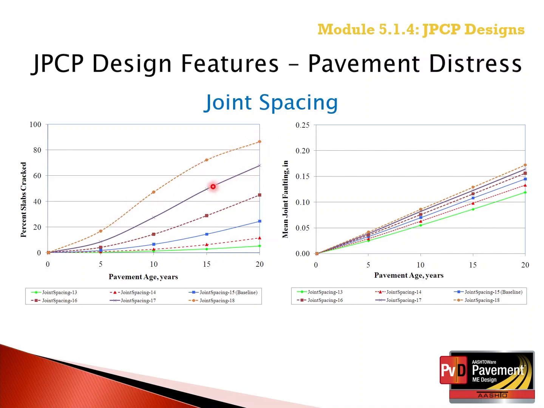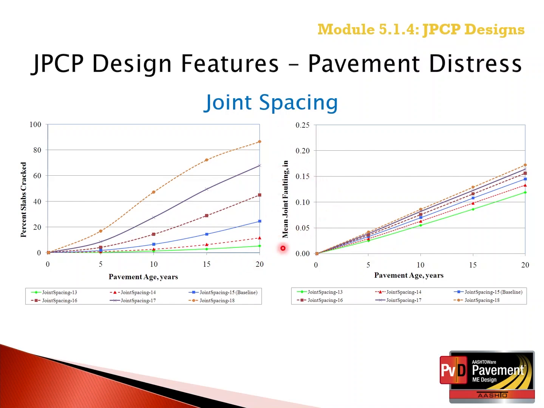The next line is 17 feet joint spacing, then 16 feet, 15 feet, 14 feet, and finally joint spacing of 13 feet. So percent cracked slab is significantly affected by joint spacing because of the curling and warping of the slab. More curling and warping for the longer joint spacing.